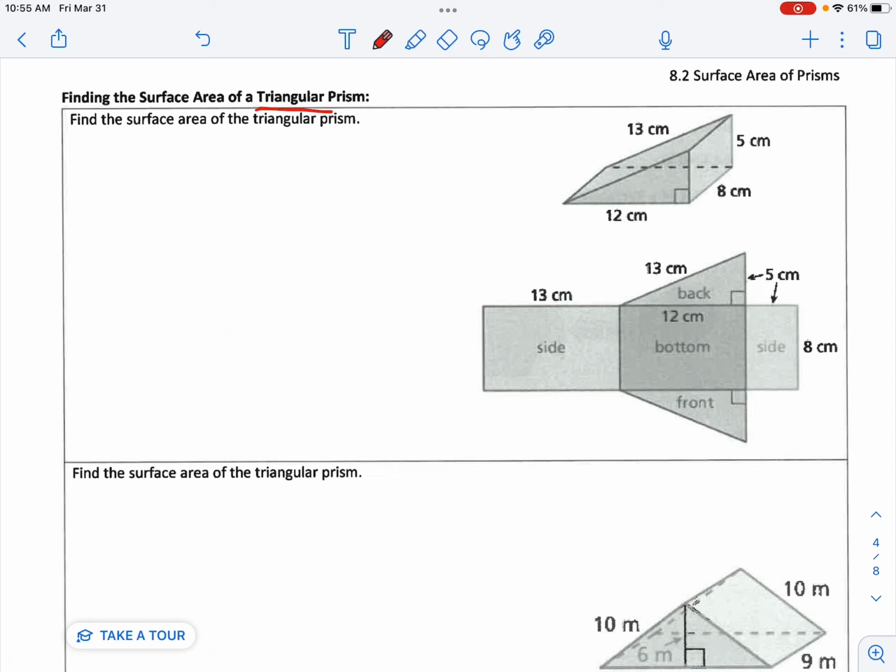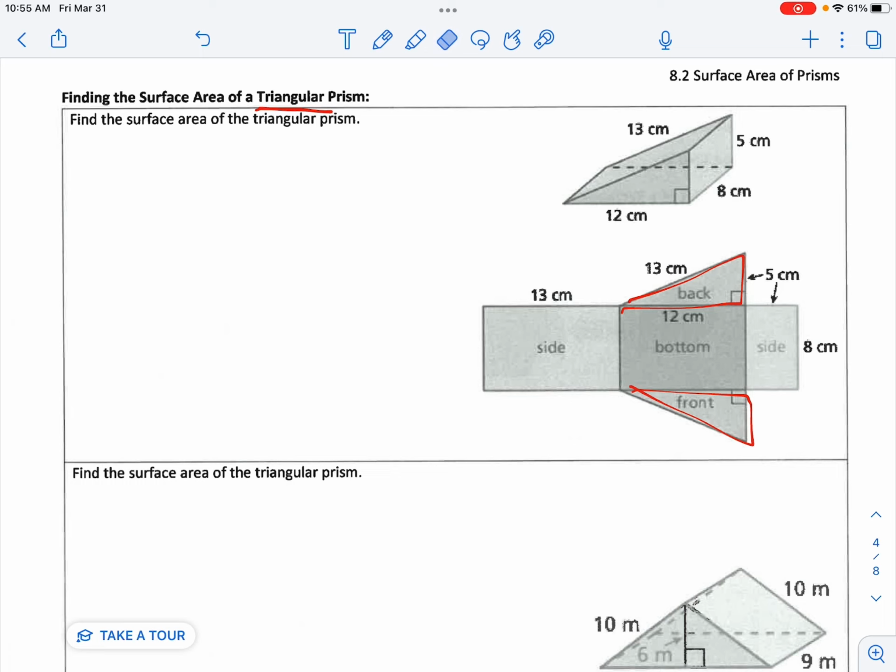Okay, this one, we are not going to be able to multiply the rectangles by 2 anymore, because if you notice, this rectangle, and this rectangle are all different. Okay, they all have different, at least a different base or height. So we can't multiply by 2, but we can multiply by 2 on our triangles because those are the exact same.